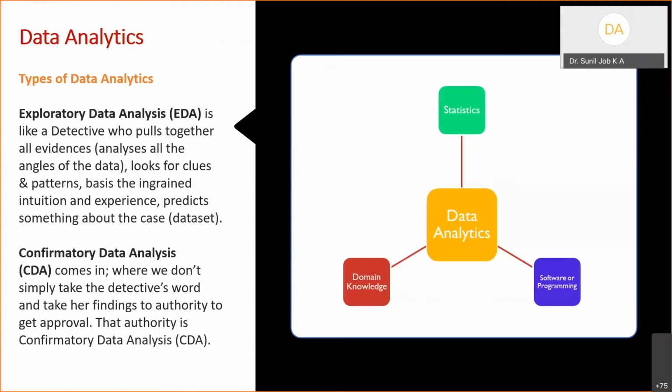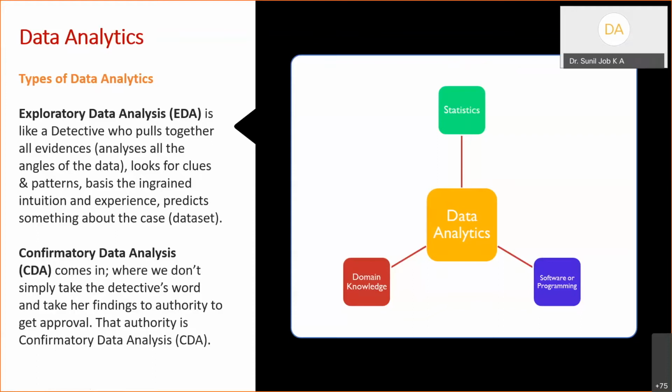And confirmatory data analysis, that is, if you are just imagining what had happened in our virtual shopping, after selecting the shoes, we have given the shoes to the counter for validating it. So confirmatory data analysis infers about the data and validates the data.